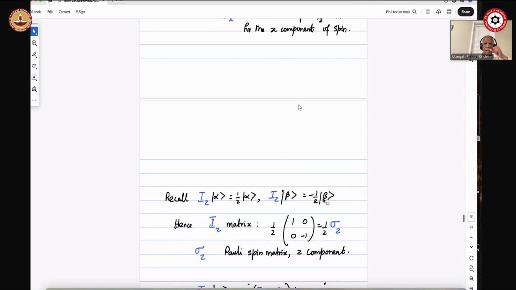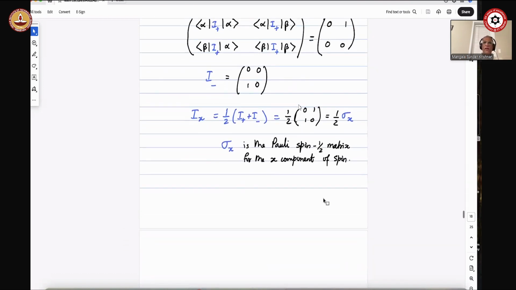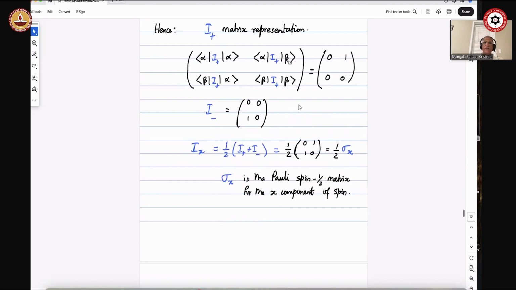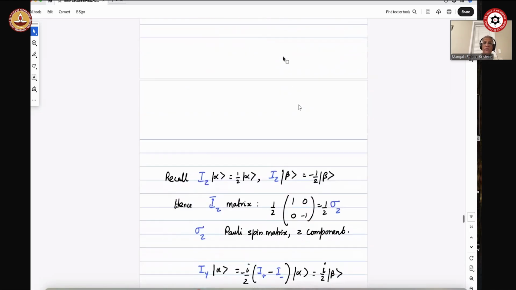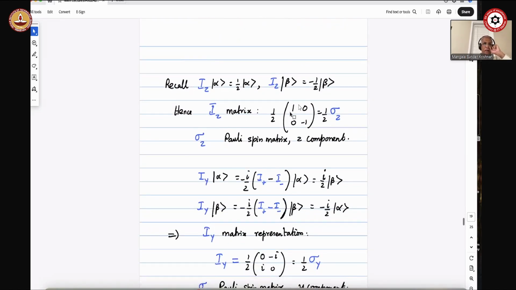Therefore, if you write Iz beta here, alpha Iz beta gives you alpha minus 1 by 2 beta. That is the same. So you can see that the Iz operator has a matrix 1 by 2, 1, 0, 0, minus 1, with zeros off diagonal. This is the famous Pauli spin matrix Z component.